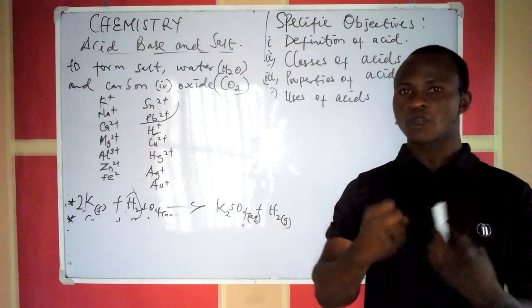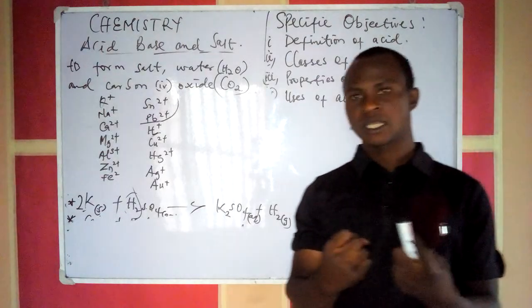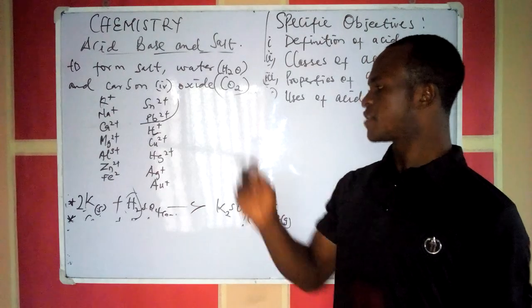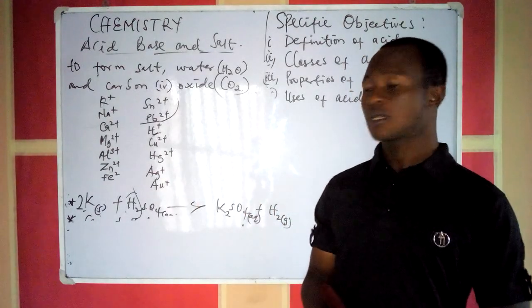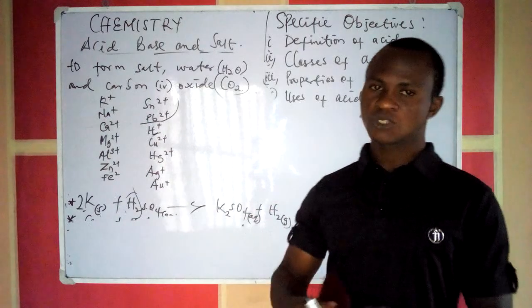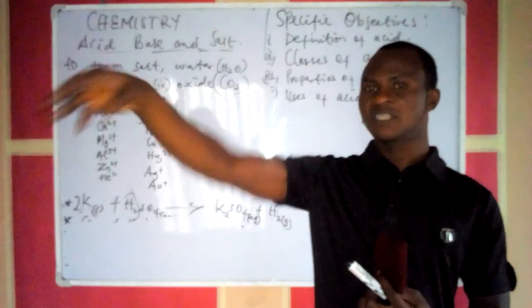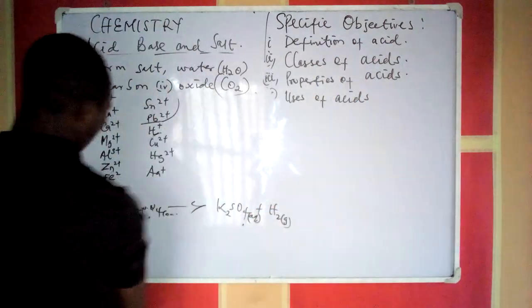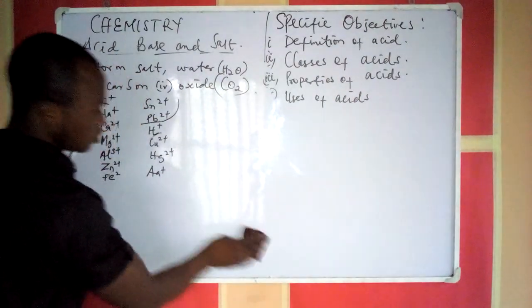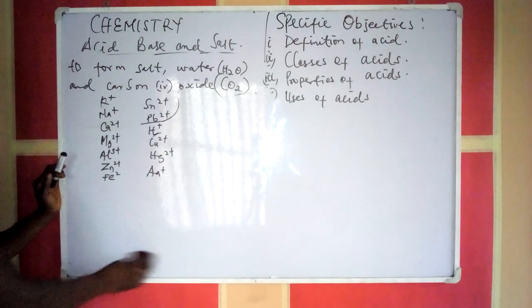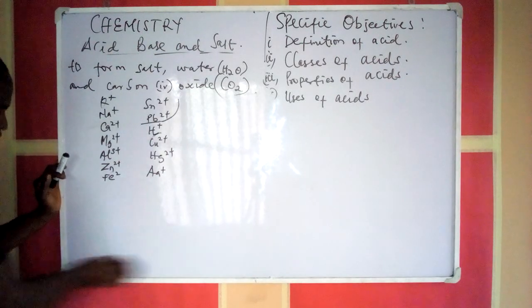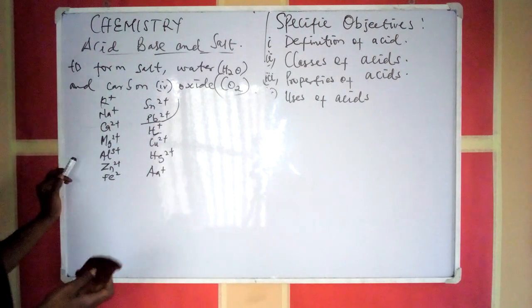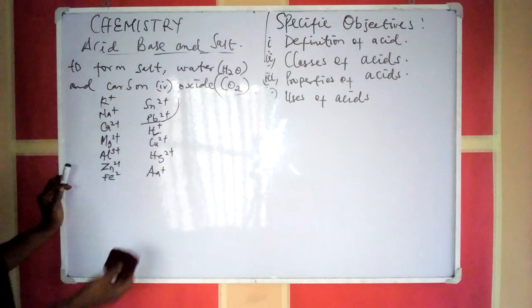It has a strong oxidizing ability. If it reacts with any metal, it will start oxidizing the metal instead of liberating hydrogen. Don't forget this point please. It's very important in case you come across it in objective questions or in any of your external exams. Even in your internal exams, of course, it's possible.